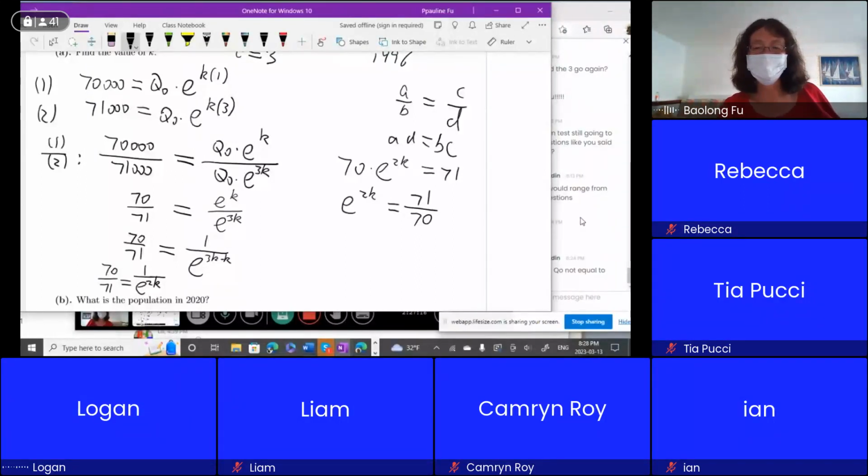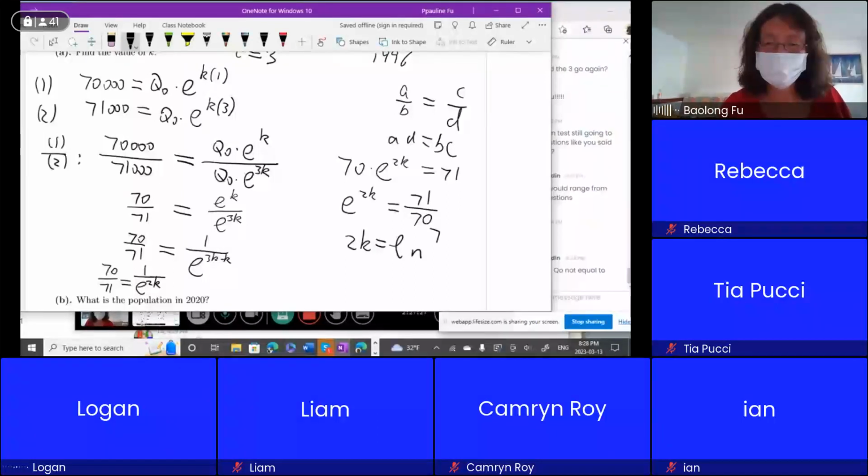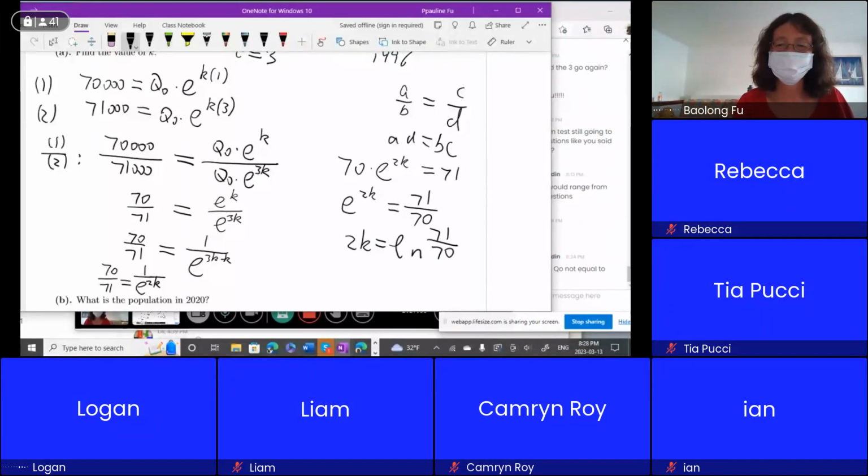Remember 2 weeks ago when we studied logarithm function and exponential function? So this becomes 2K equal to ln of 71 over 70. So what is ln of 71 over 70?